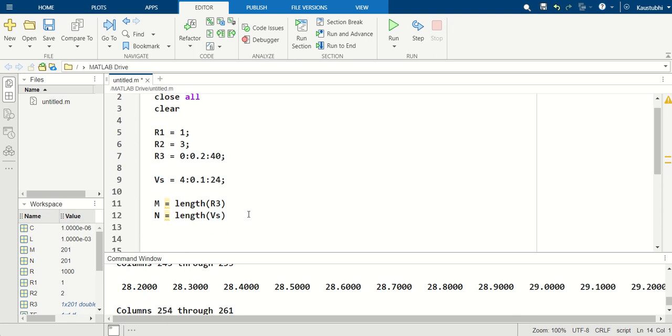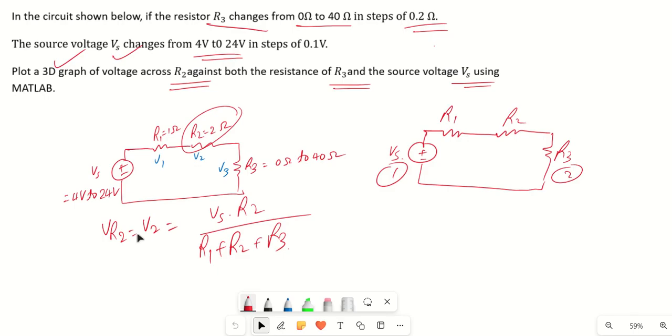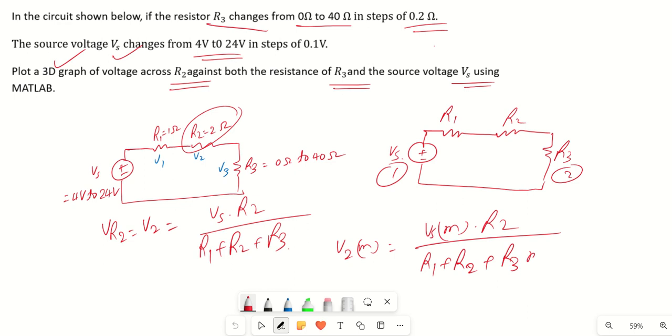Now our aim is to vary the value of R3 and Vs, and we have to find the corresponding values of voltage across R2. So as we just now saw, we have to find V2, which is going to be Vs multiplied by R2 divided by R1 plus R2 plus R3. So the expression that we can write down is V2 of M is going to be Vs of M times R2 divided by R1 plus R2 plus R3 of the mth value.